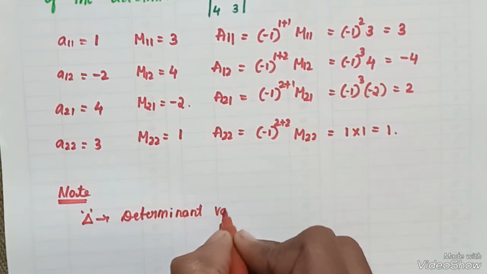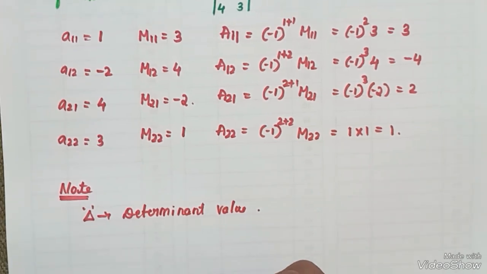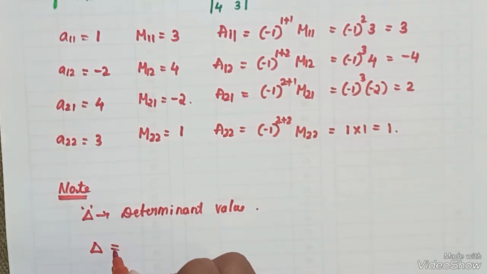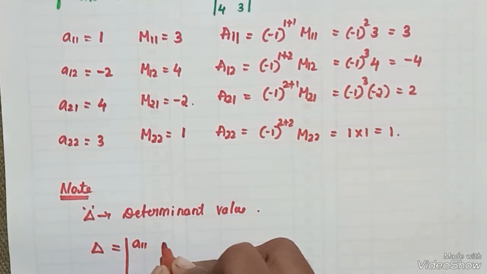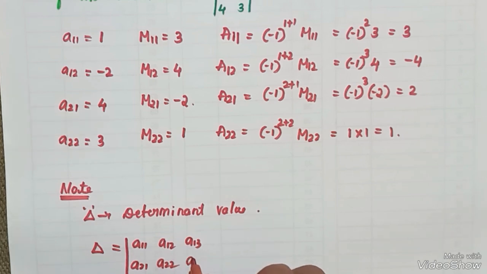Determinant value. We can calculate determinant values by using the cofactor in 6 ways. That delta value is expanded. For example, take A11, A12, A13, A21, A22, A23, A31, A32, A33.